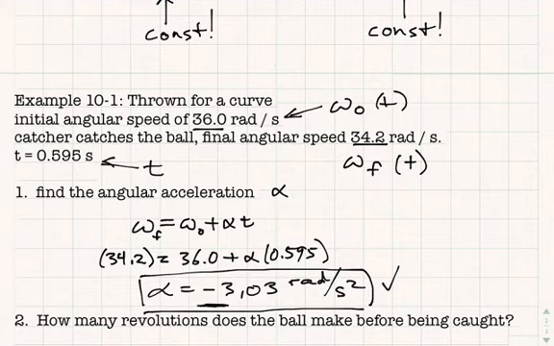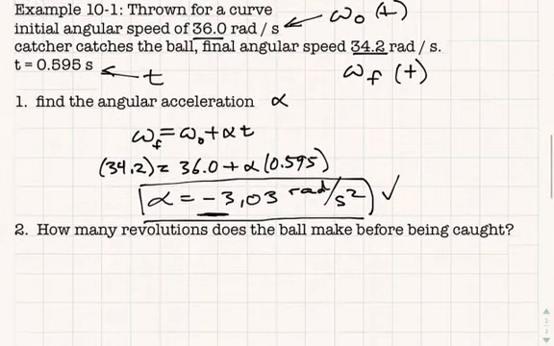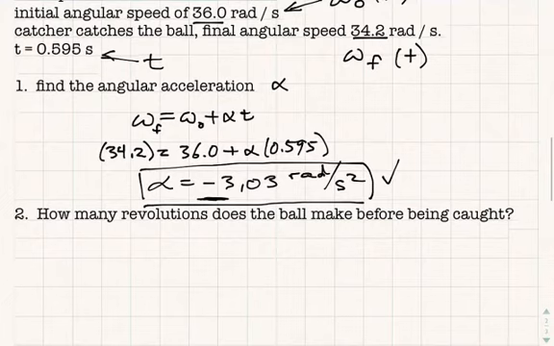All right, so how many revolutions does the ball make before it's getting caught? So if you want to know how many revolutions, we want to know delta theta. Okay, so we know initial angular velocity, we know final angular velocity, we know time, and now we know alpha.